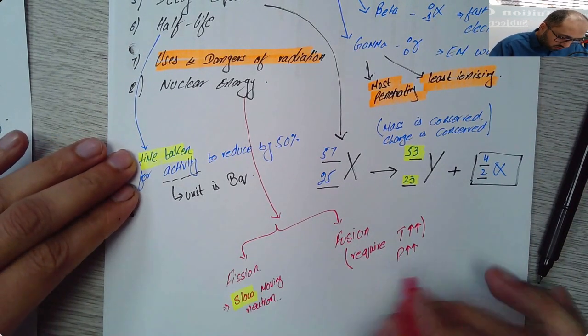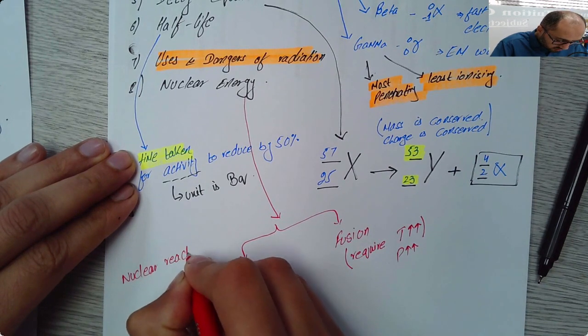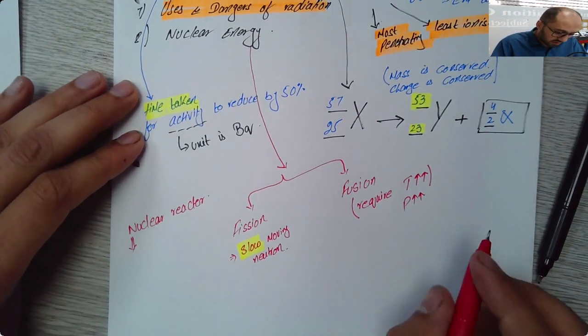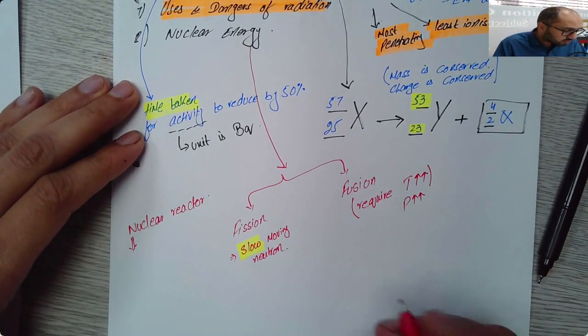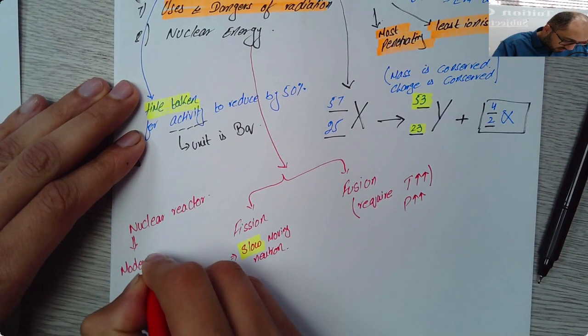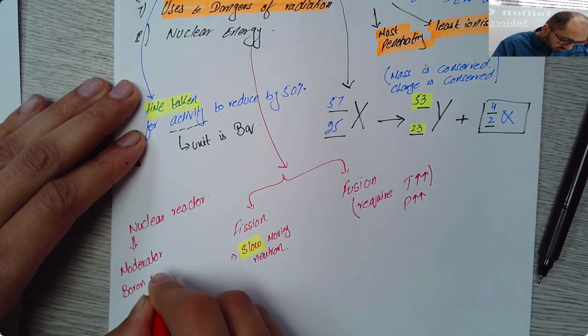Then you will also need to know about the nuclear reactor. In a nuclear reactor, mainly three types of questions can be asked. They'll ask you what is the job of the moderator. What is the job of the boron rods?